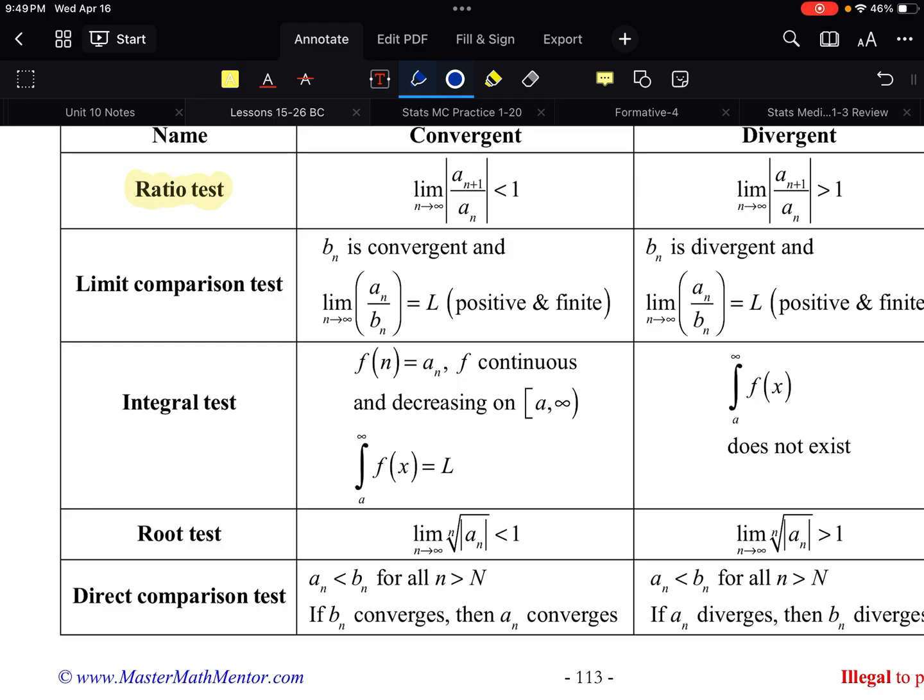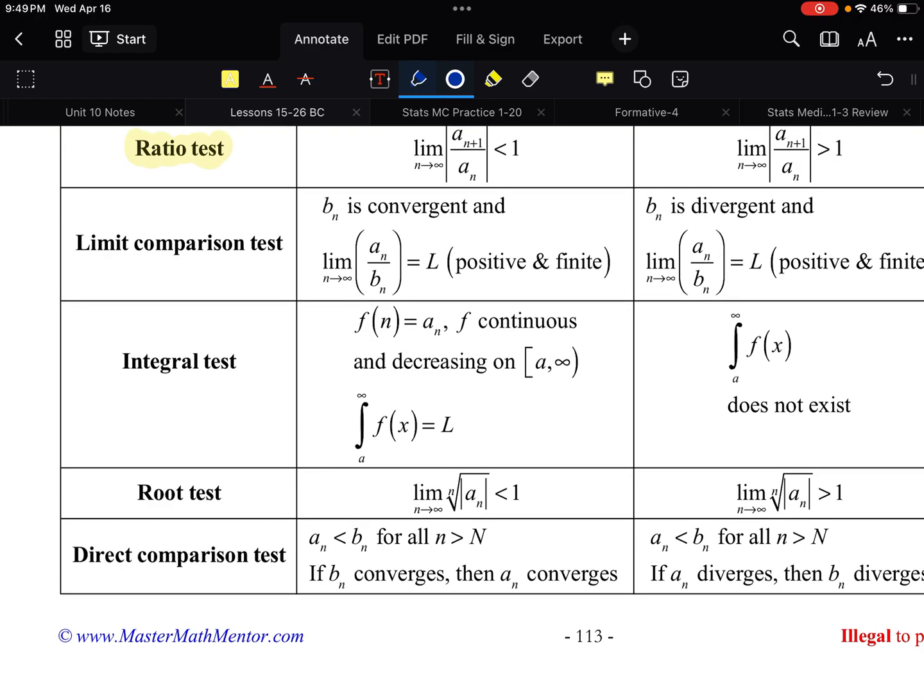The limit comparison, that's kind of like comparing two functions together. If I know that, it's kind of like the direct comparison test. If I know that one is divergent or I know the other is convergent, then how does that affect the function?